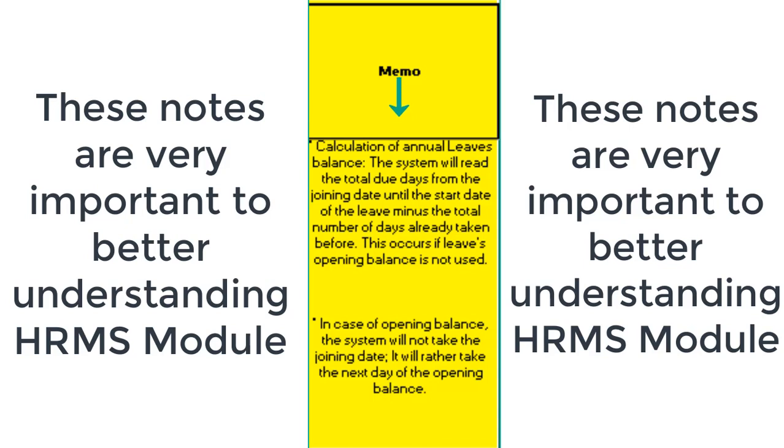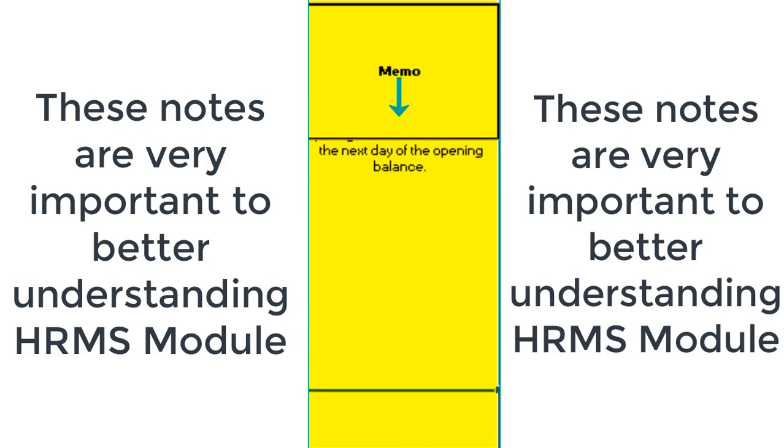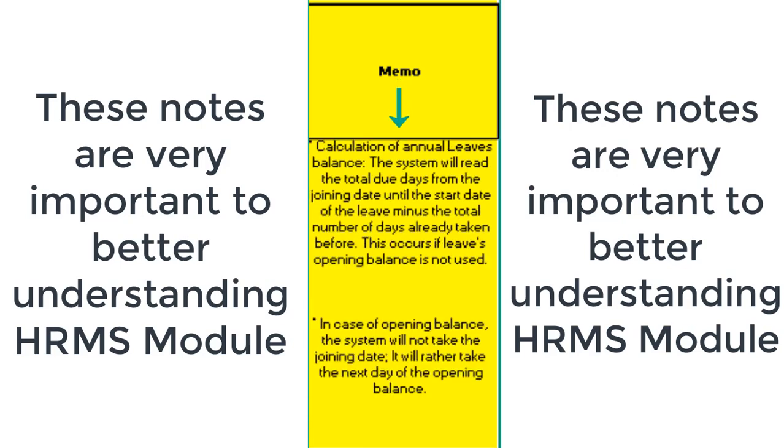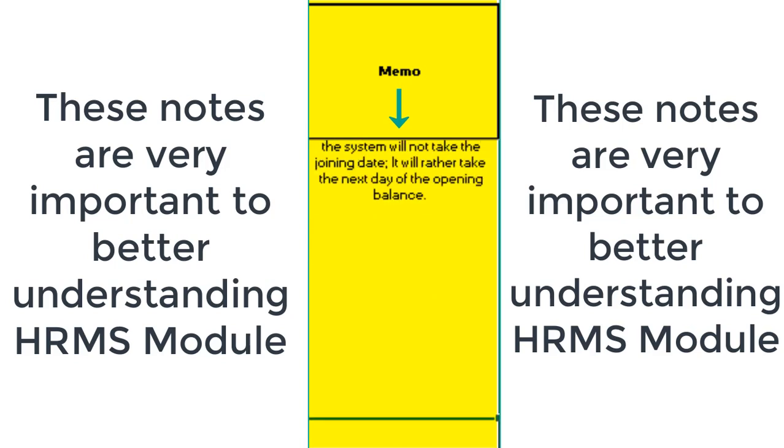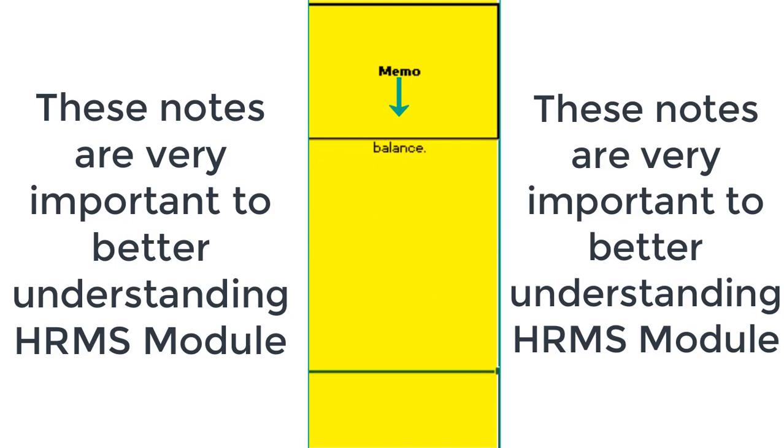And this occurs if the leave's opening balance is not used. So that is the correct way of calculating the annual leaves balance. And in case of opening balance, the system will not take the joining date, it will take the next day of the opening balance. So this is as well an important point which should be taken into consideration.